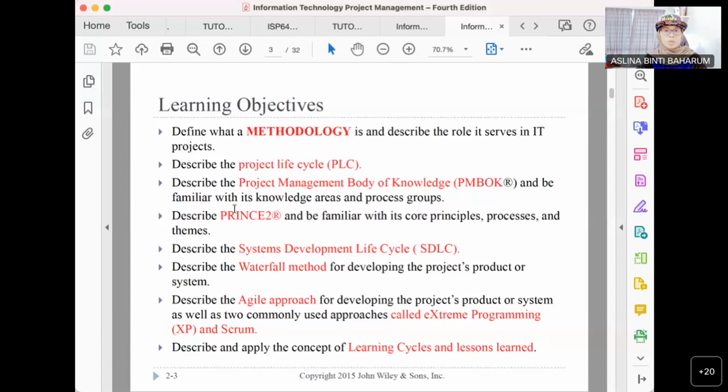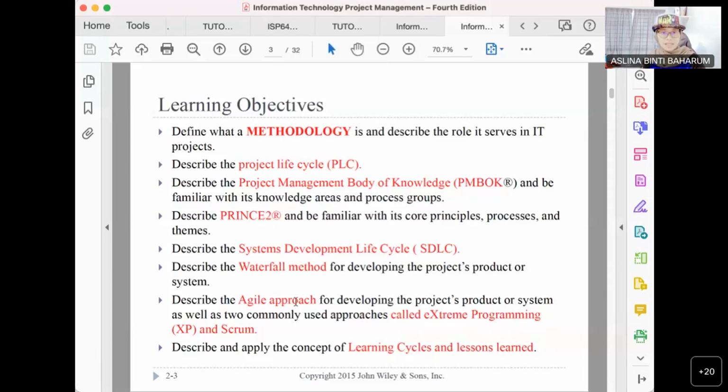Because the notes are quite simple, they don't show you the specifics or details of PMBOK and PRINCE2, and waterfall and agile, just the overall. Waterfall is a one-way flow, and agile is an iteration.